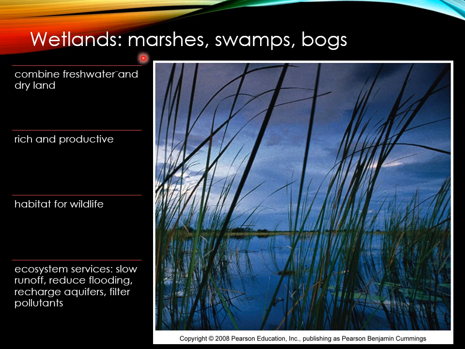Okay. We've talked a little bit about wetlands, but just a reminder and a couple more terms. So wetlands include marshes, swamps, and bogs. So marshes are areas where water and land meet. So if we think of, for instance, in Maryland, we have saltwater marshes where the bay or the ocean is meeting land, and you have those really grassy, wet areas.